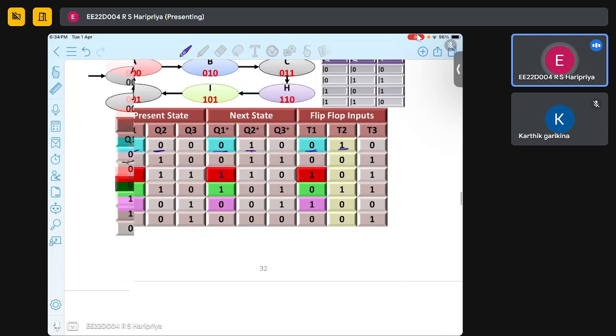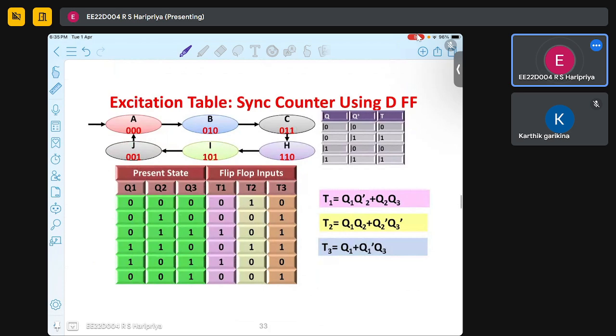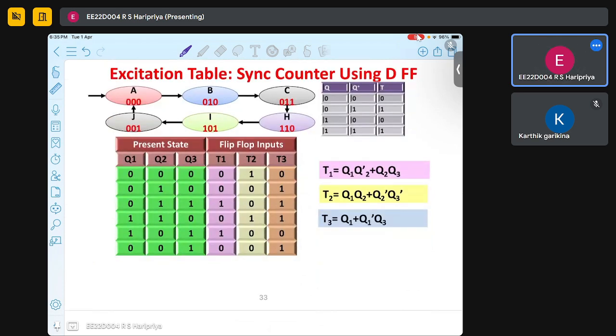Now for the present state and the flip flop inputs, what will be the equation we have to use? The K-map for simplification. I just show for Y. Q1, Q2, Q3.